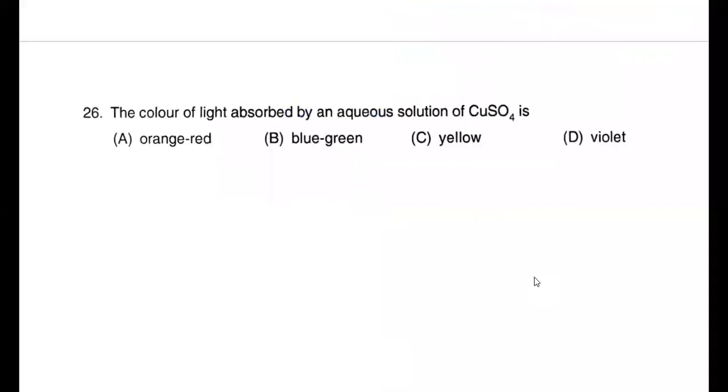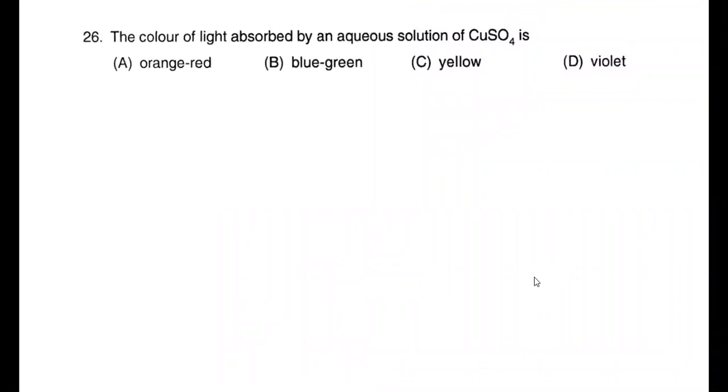Question number 26. It's given the color of the light absorbed by the aqueous solution of copper sulfate. So we all know that aqueous copper sulfate is CuSO4.5H2O form, which is of blue color. But the question asks about the light absorbed. So you all know that it is a complementary color theory concept. If the compound is of blue color, then its complementary color wavelength is absorbed. So I've given you an idea of the color wheel.